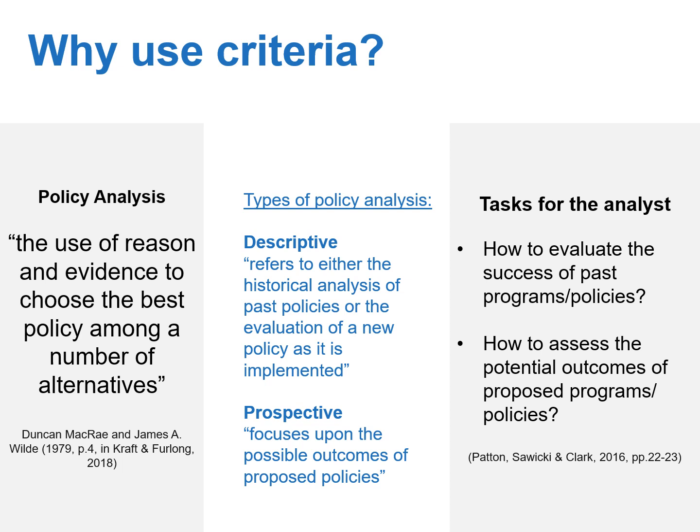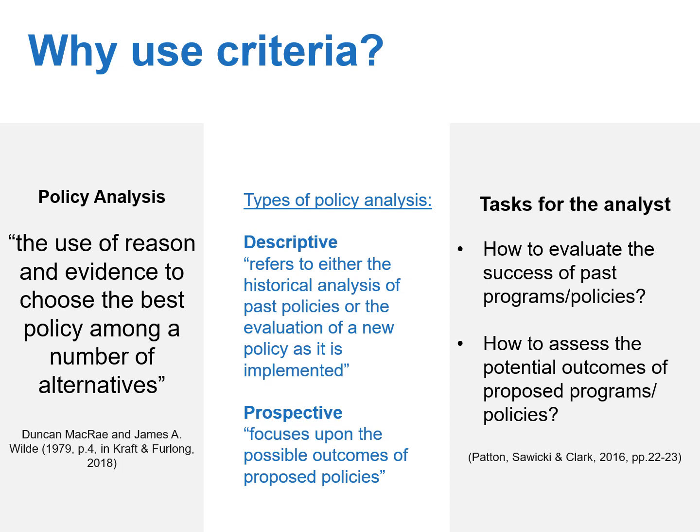Criteria are needed because policy analysis is about choosing the best option among alternatives, but there are two different kinds of analysis. First, descriptive analysis looks backwards, evaluating past or current policies. For example, how effective was a needle exchange program in reducing HIV transmission? And second, prospective analysis looks forward, estimating what would happen under a new policy.